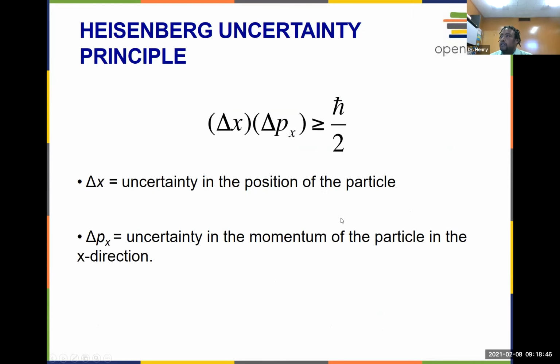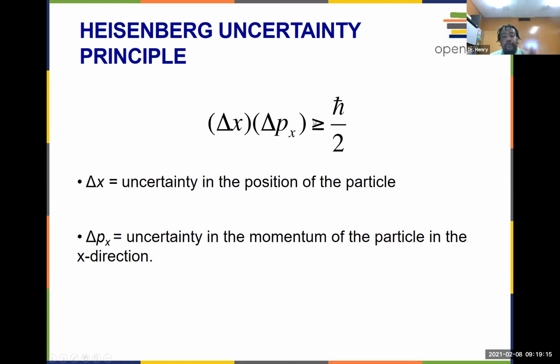Okay, so delta x represents the uncertainty of the position. That delta represents the uncertainty associated with where the particle is actually located. So we can't determine exactly where the particle is going to be located, and we also can't determine the momentum exactly; this represents the uncertainty of the momentum, okay?